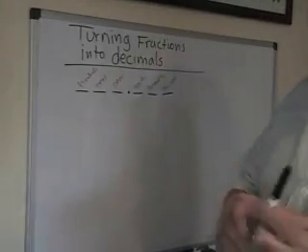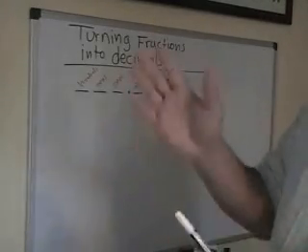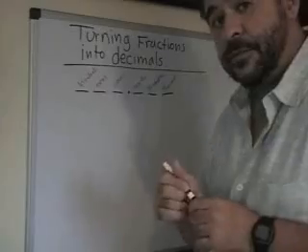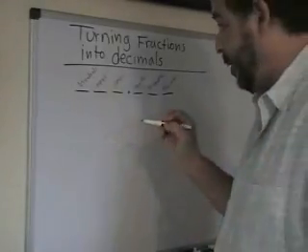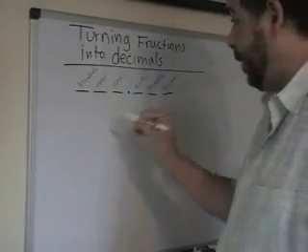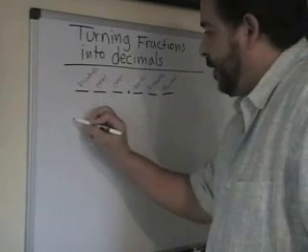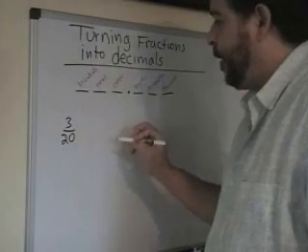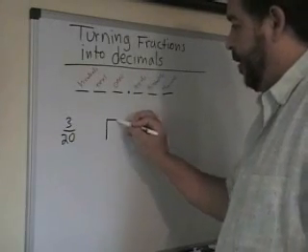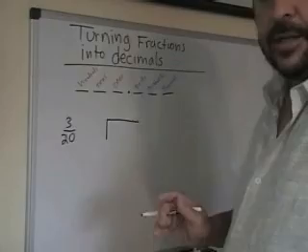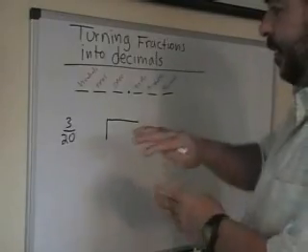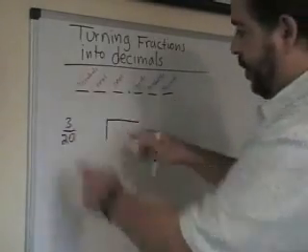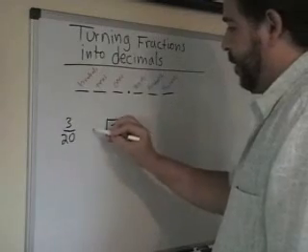If you know how to do division, like the long division style, there's another way to transfer them into decimals. So here we go. Let's use the same one, 3/20. Alright, using the division method, make the bracket, and basically I would flip this over this way and put the 3 in here and the 20 here.